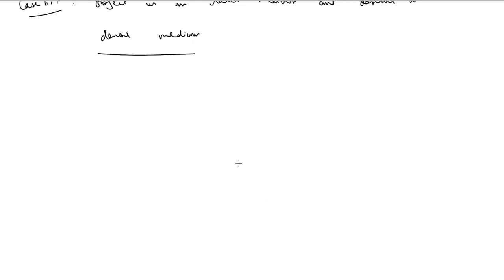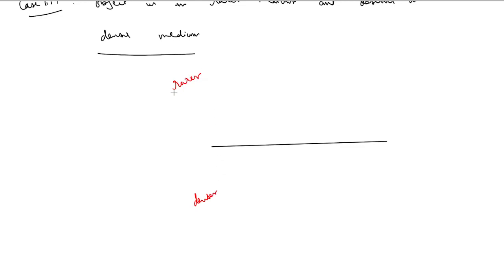Let's draw this. We have a boundary and let the upper medium be the rarer medium and this the denser medium.